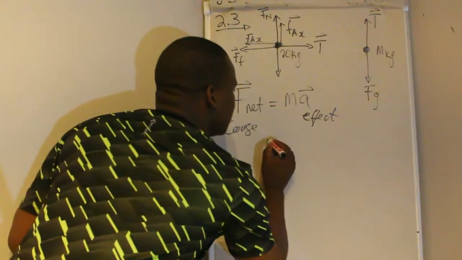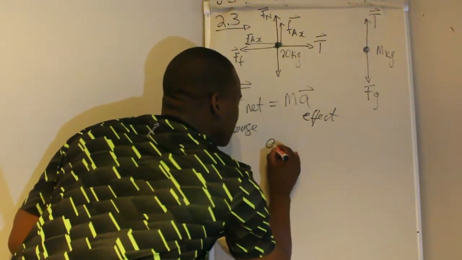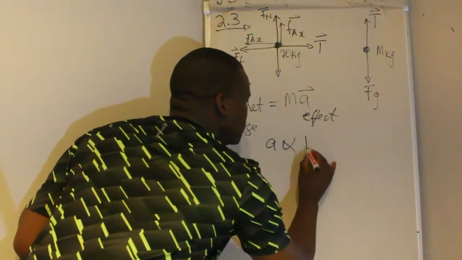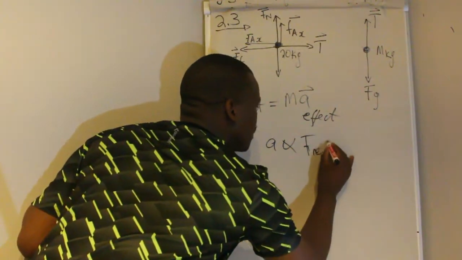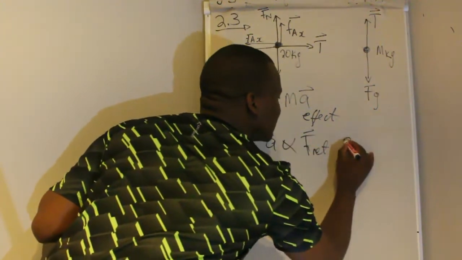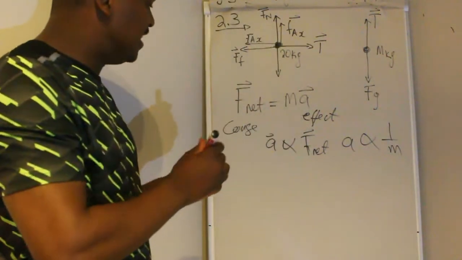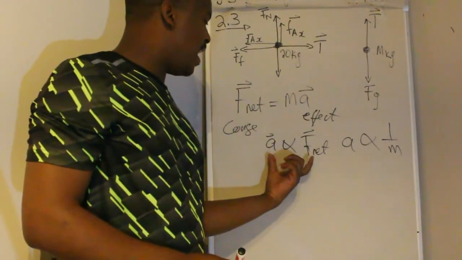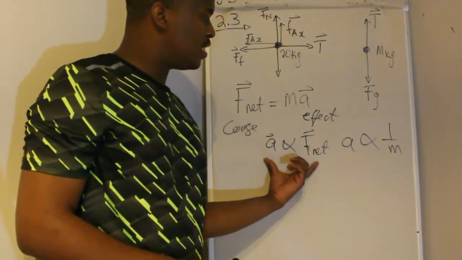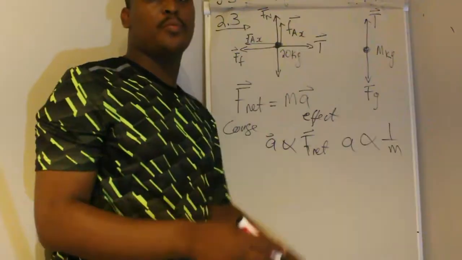So the acceleration is directly proportional to the net force, and the acceleration is inversely proportional to the mass, which means these increase at the same proportion and these ones are inversely proportional.